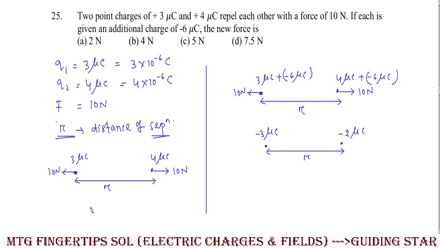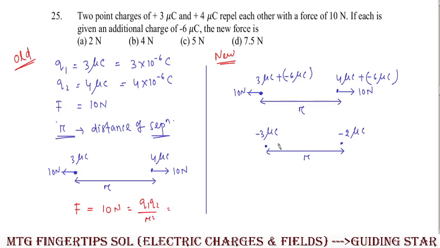So in this particular case, we assume the force in the original system, the old system, and this is the new system. Clear? Force in the original system is coming out to be 10 Newton, and its value can be written as q1 q2 divided by r square.